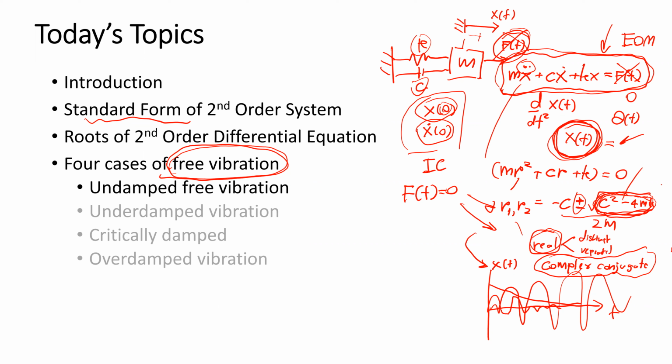And today, the simplest form of free vibration, and you're familiar with this, is when we have a spring and a mass, and we don't have a damper. You may be familiar with this from simple harmonic motion, with only the mass and the spring.